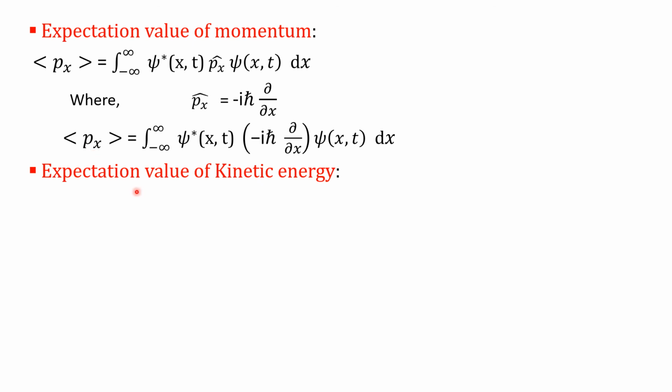Now we find the expectation value of the kinetic energy. The kinetic energy term, you know, is p square by 2m. Firstly, we write the kinetic energy denoted by the symbol K. Therefore, its expectation value, angle bracket K, is equal to the integral from minus infinity to plus infinity of psi star(x,t), then the total kinetic energy operator, psi(x,t) dx.